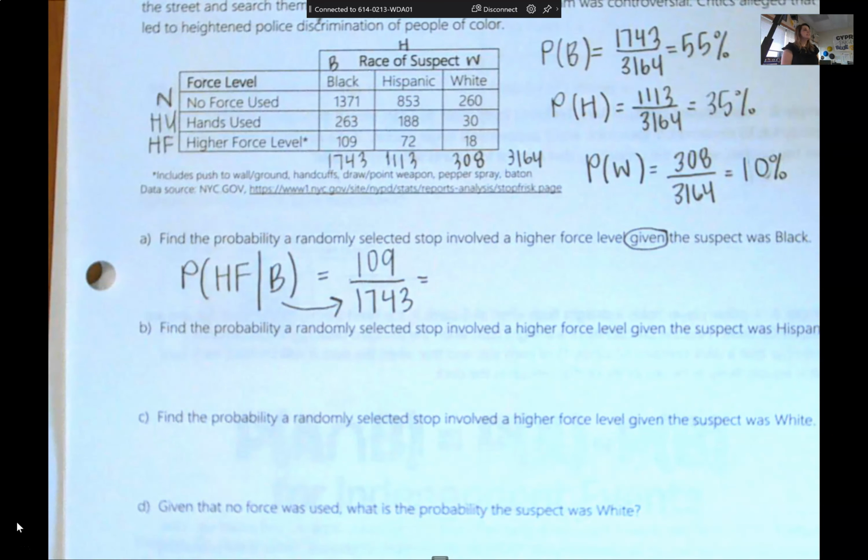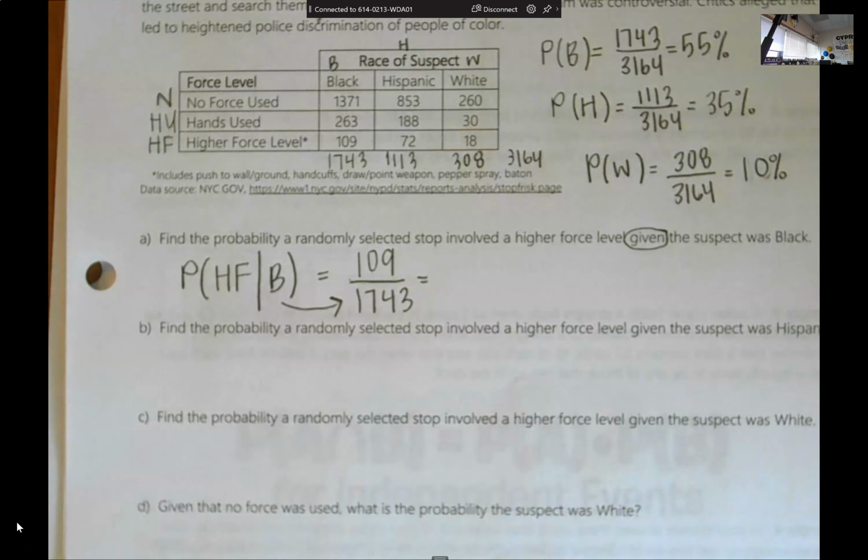So we're finding the probability that higher force level was used given you have a black suspect, or on the condition that your suspect was black. So 109 divided by 1743, so about 6%.